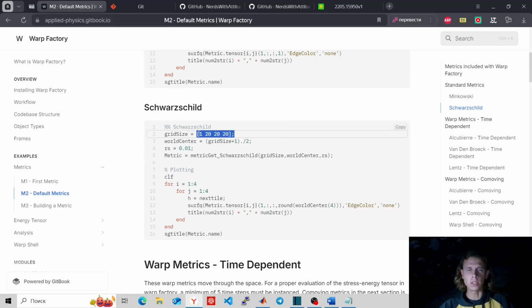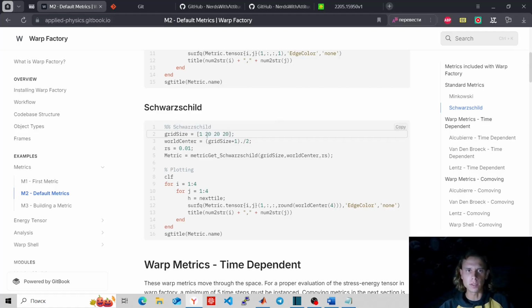The first value is for time components. We are analyzing static metrics, so we need only one time component, only one slice. Then these values are for 3 space components, x, y, and z.